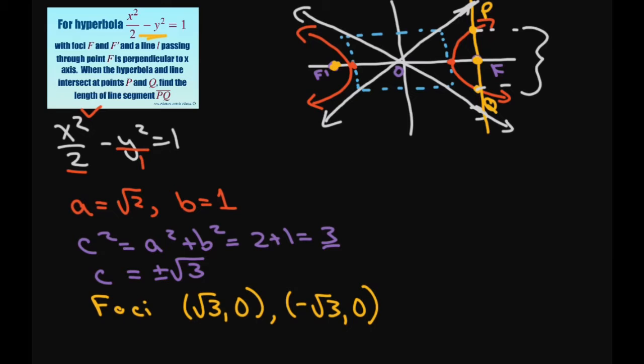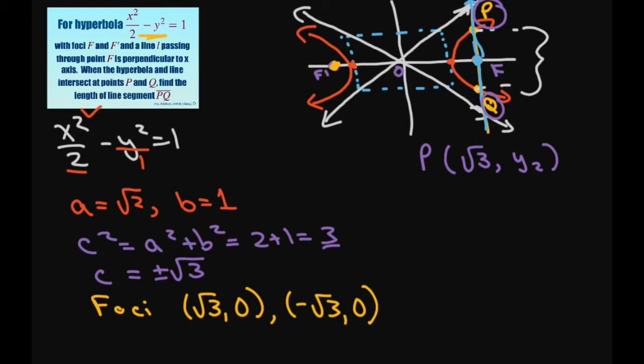Now notice that this line here is going through this focus here. So we need to find this point here, and let's see what we have. For that, we're going to look at P. So for P, we know that's going to be this P here. That's going to be square root of 3, comma y sub 2.